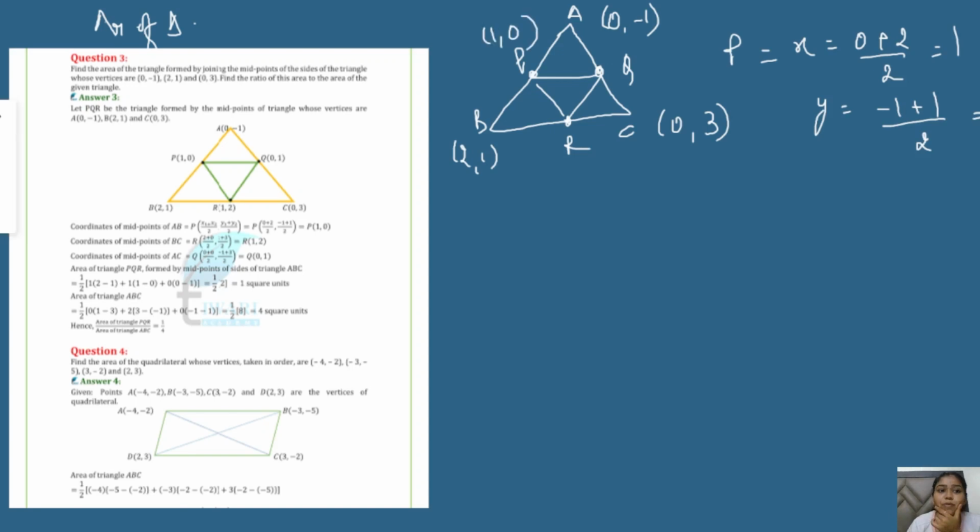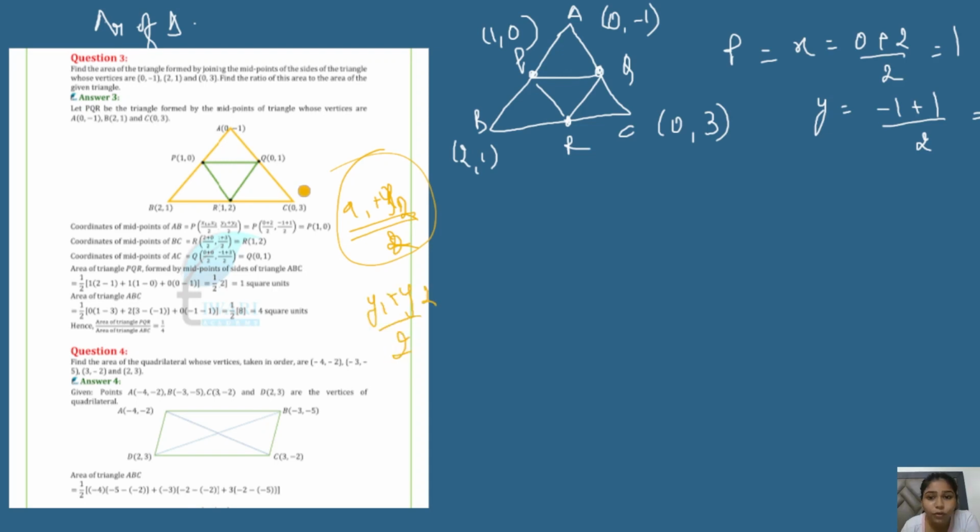This is how we have found it with the help of the midpoint formula, which I have explained to you. You just have to write this formula for the midpoint: for x, (x1 + x2) divided by 2, and for y, (y1 + y2) divided by 2.